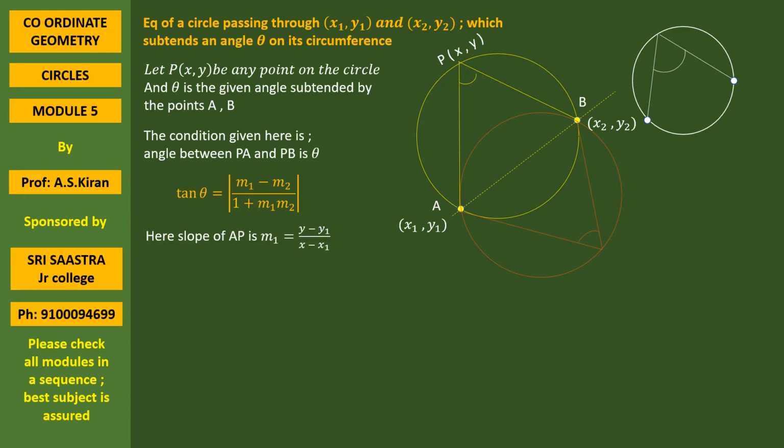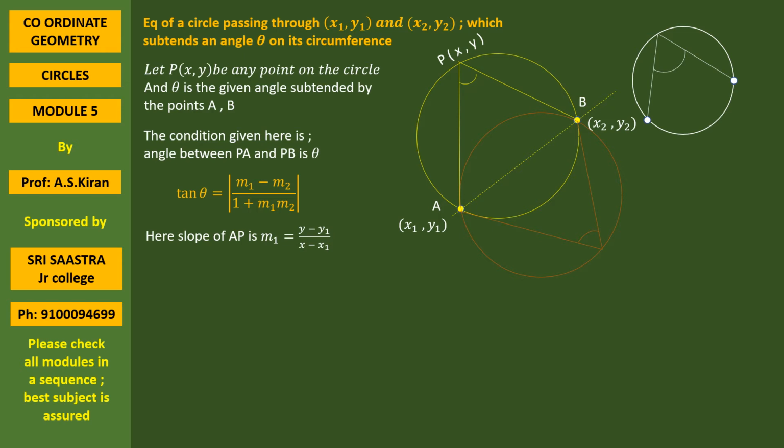Here, slope of AP is m1, which is (y minus y1) by (x minus x1). How? What is the slope of a straight line passing through 2 points x1, y1 and x2, y2? It is (y2 minus y1) by (x2 minus x1).